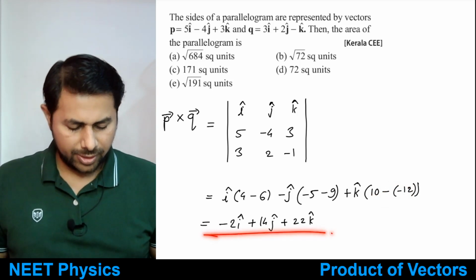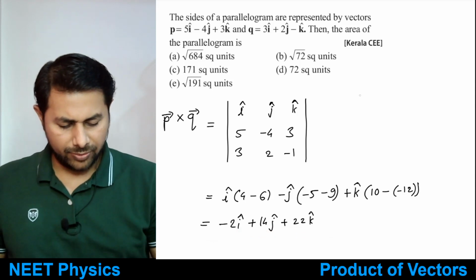So this is p bar cross q bar, and you want area.